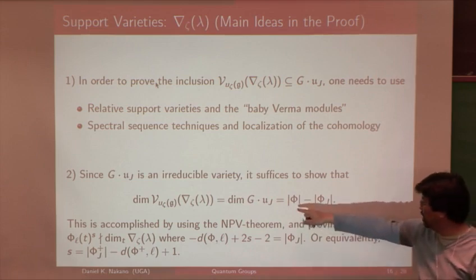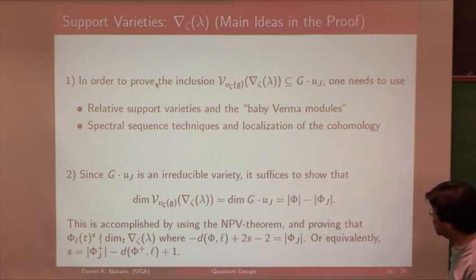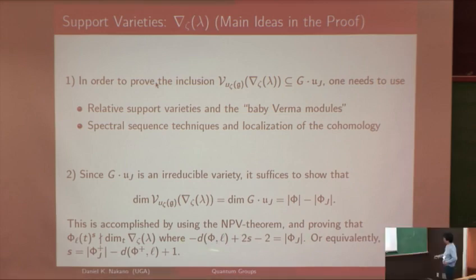It's just the number of roots minus the number of roots in the root system generated by J. And what we can do is we can show that this is true using the MPV result by plugging in this quantity equal to phi_J. Okay, so we want an s which satisfies this down here, and the s which will do it is phi_J minus this quantity plus 1.